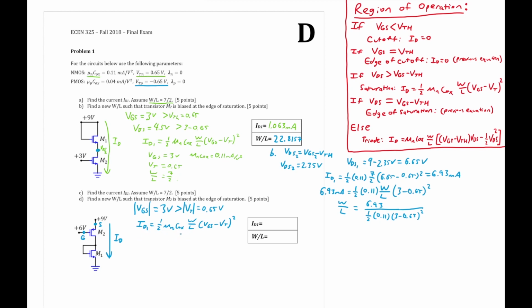However, our mu n COX for the PMOS transistor is 0.04 milliamps per volt squared. Our VGS for the PMOS transistor we know to be 3 volts. Our VT is 0.65, and our W over L is 7 divided by 2.